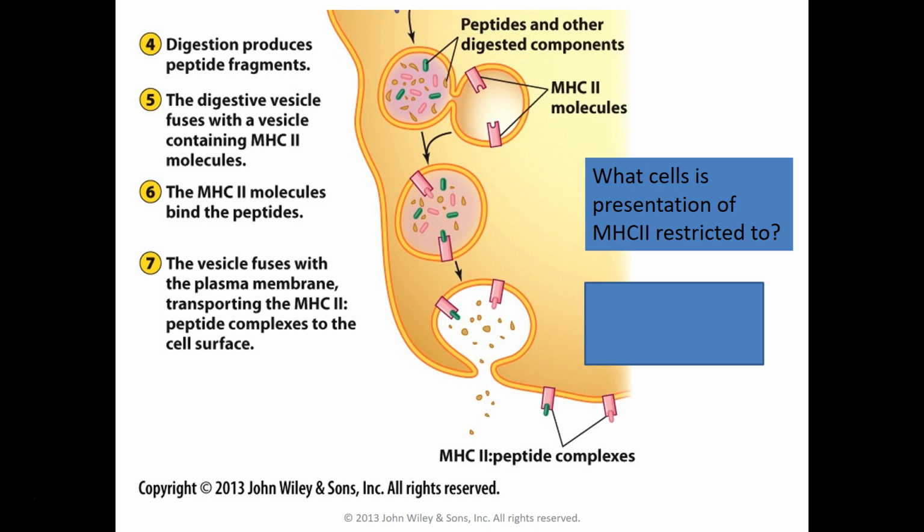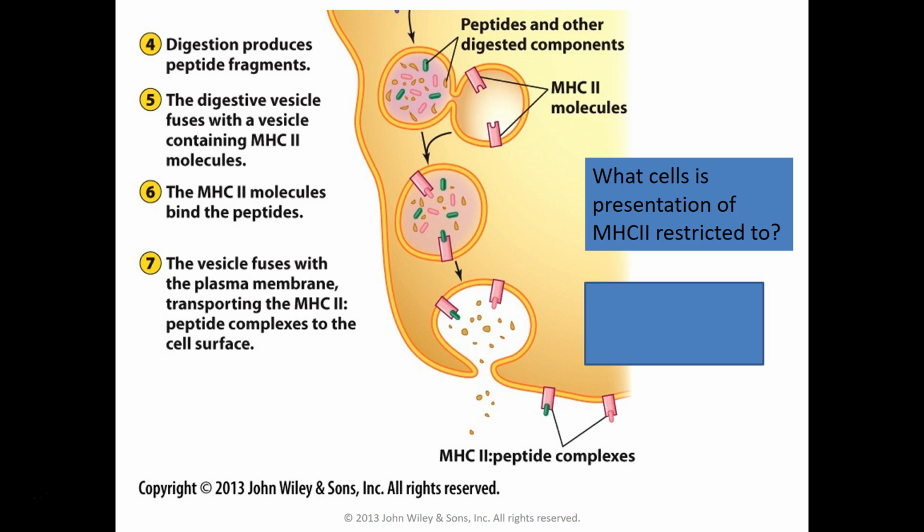So if this is MHC class 2, which T cell is it restricted to talking to? There's only one. We have two types: CD4, which we also call helper T cells, and CD8, which are called cytotoxic T cells.